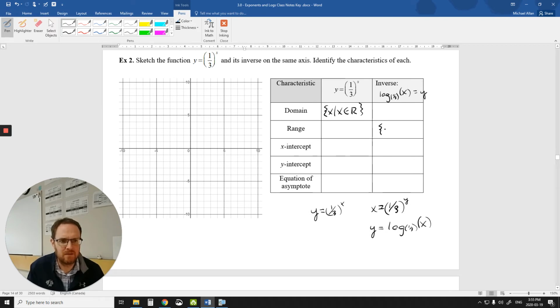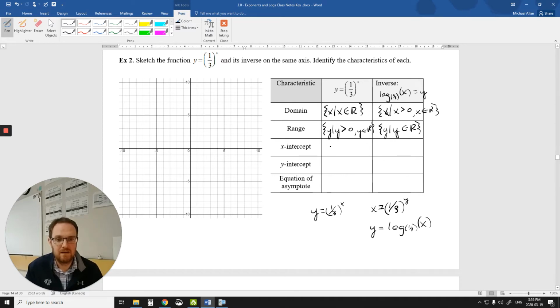So these things you can't do: negative numbers or 0. Okay, so the range of this new graph is going to be the same as the domain as previous because they're inverses. The range of the old graph is just going to be greater than 0. That means the domain of this graph, which is x now, since you switch the x and the y's, is going to be greater than 0 as well.